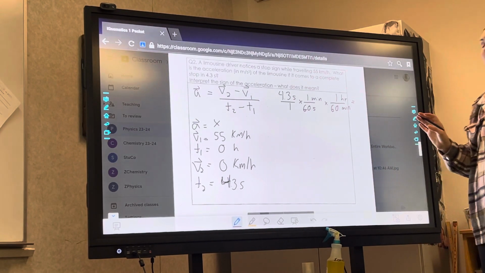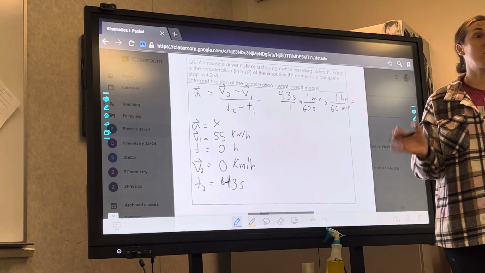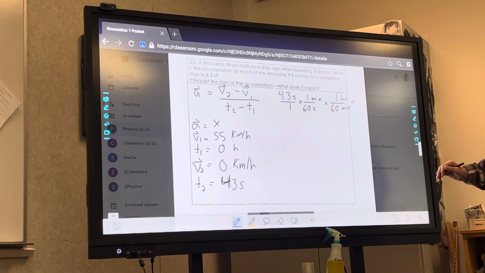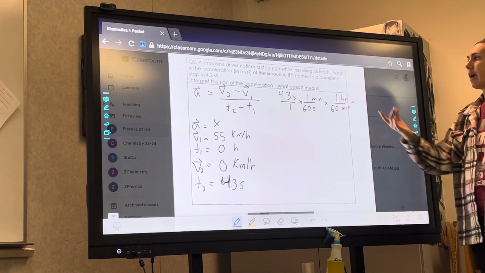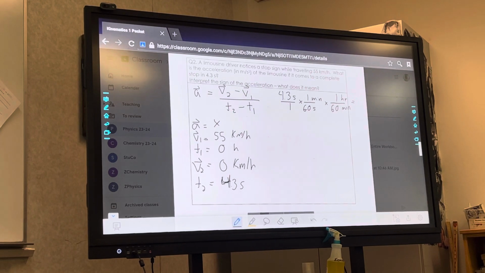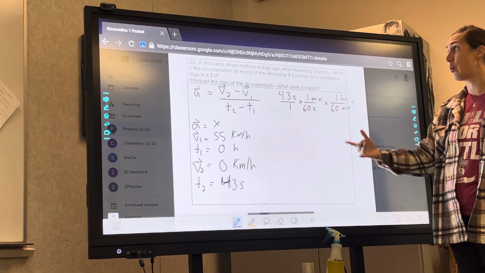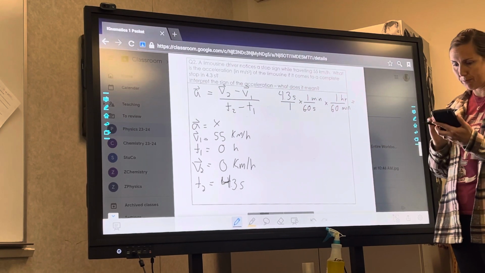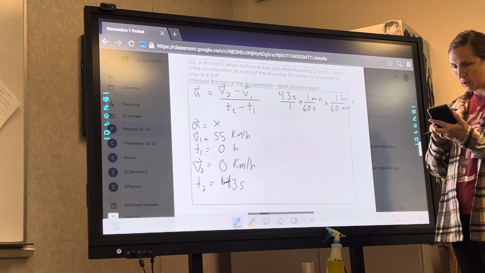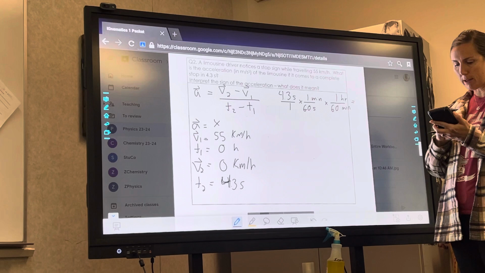I know some of y'all look at this and you're like, oh my God, this is a lot of math and we're trying to do science. This is why I don't want to do too many conversions, but if you had to do it, here's our conversion. We knew our number is going to be very low because we're going from only 4.3 seconds into an hour, so it's going to get pretty little. 4.3 divided by 60 divided by 60.